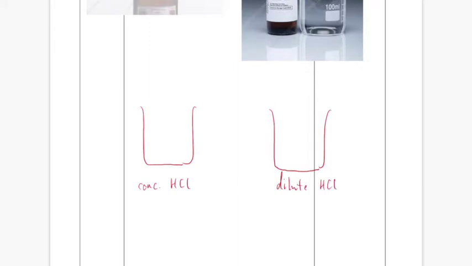If both have 100 ml of the solution, for the concentrated hydrochloric acid we would have lots of hydrogen ions and a lot of chloride ions in it. But for the dilute hydrochloric acid, maybe we just have a few hydrogen ions and a few chloride ions. That's what concentration means.